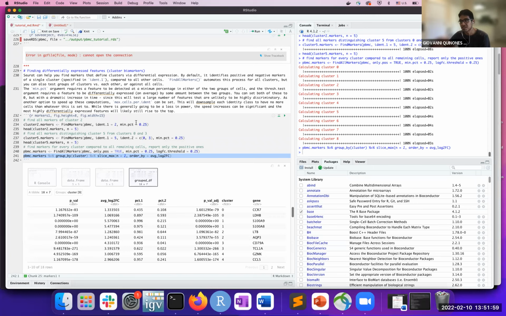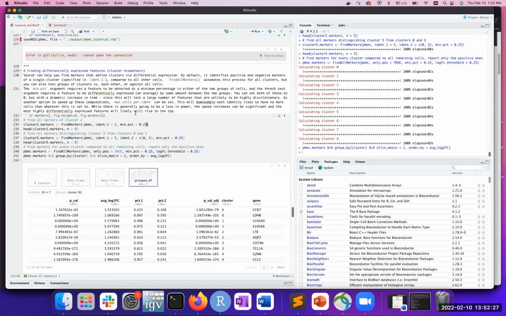Because when you do differential gene expression, you're comparing 2 groups, and in this case, we're comparing cluster number 2 with the rest of the clusters. So this parameter is saying that we want at least 25% of the cells, in either group, to have an expression value for this gene. Okay, got it. Thank you. Yeah, so that's the minimum. And all the values that we observe here should be greater than 0.25.